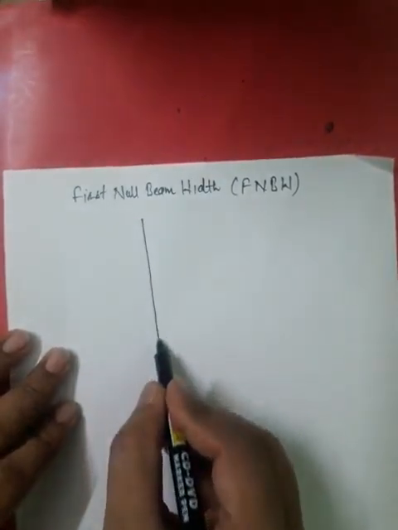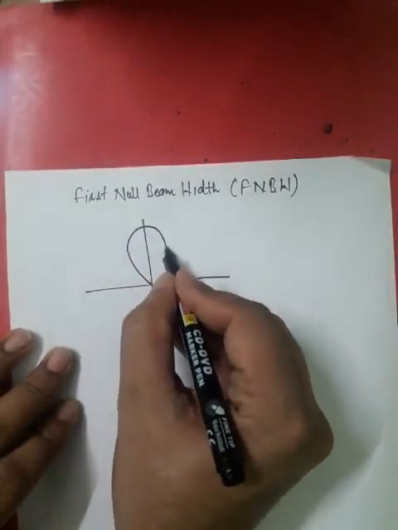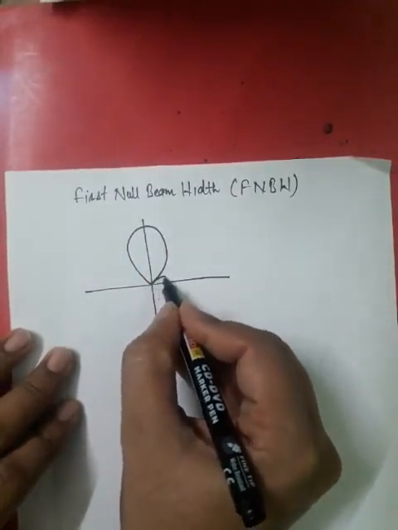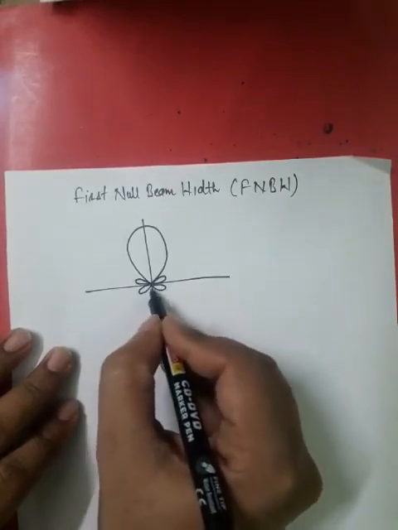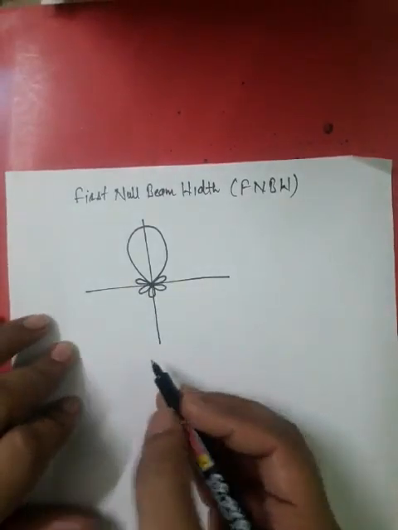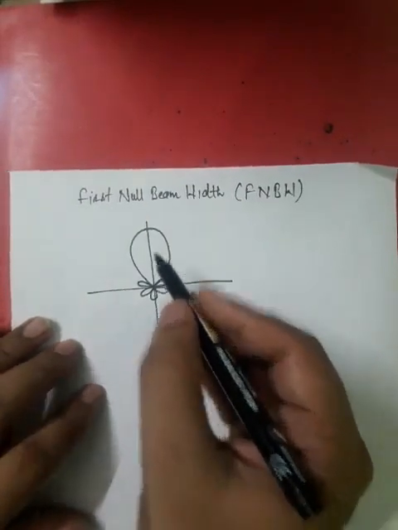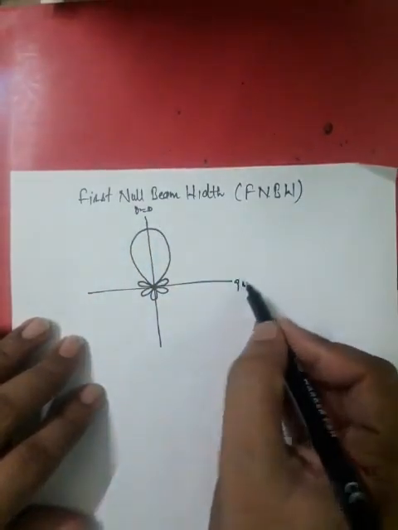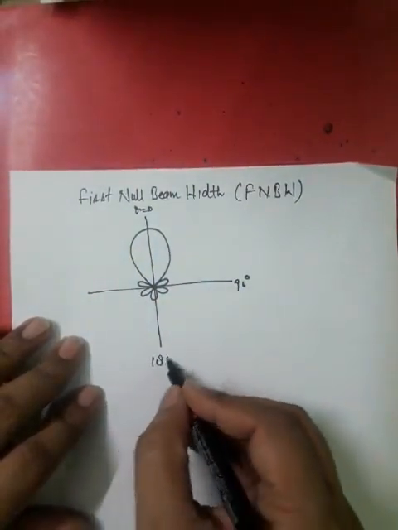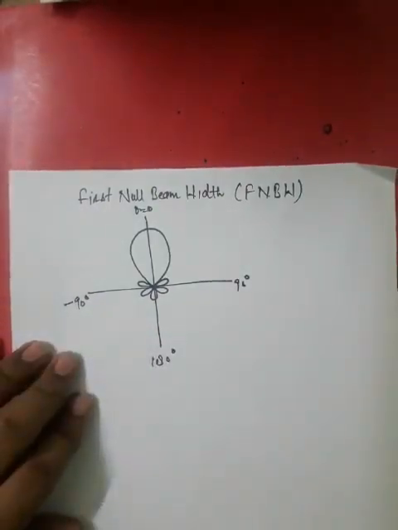Again I will draw the radiation pattern. This will be your main lobe. This is our minor lobe. These are called the side lobes. This is called the back lobe. Theta equal to 0, 90 degree, 180 degree, minus 90 degree.